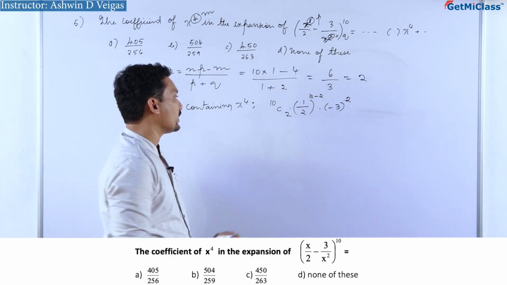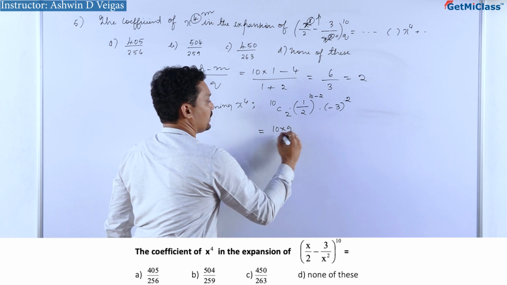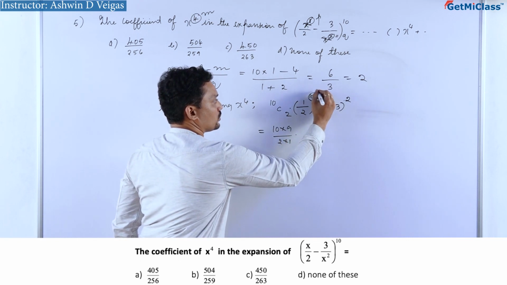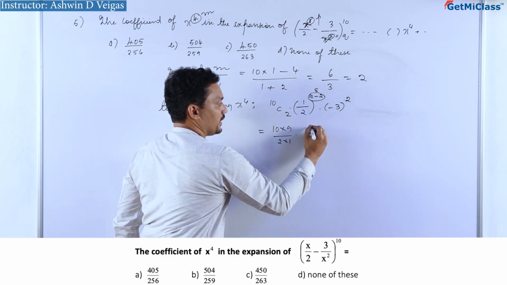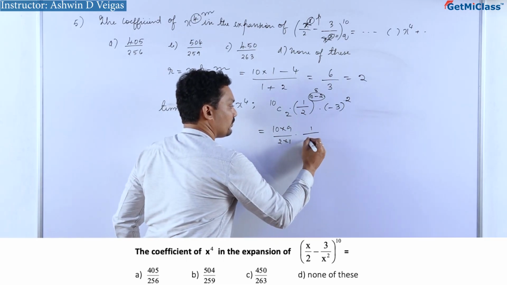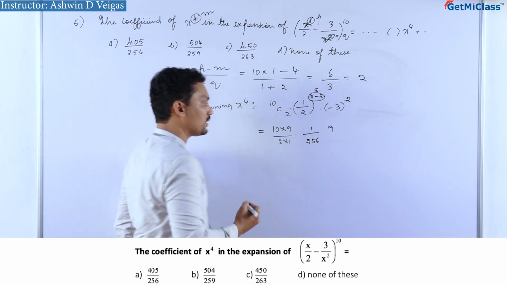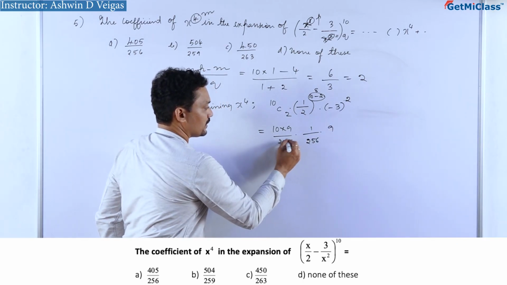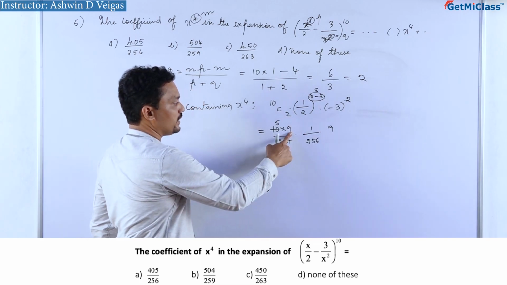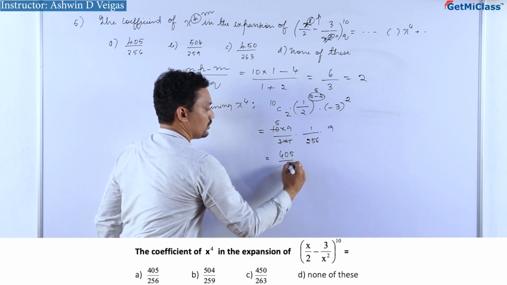Now, if you simplify this, 10C2 is 10 into 9 divided by 2 into 1, into 1 power 8 (10 minus 2 is 8), which is 1, into 2 power 8, that is 256, into minus 3 square, which is 9. Now if you cancel this, 2 goes 5 times. 9 nines are 81, 81 into 5 is 405, divided by 256.